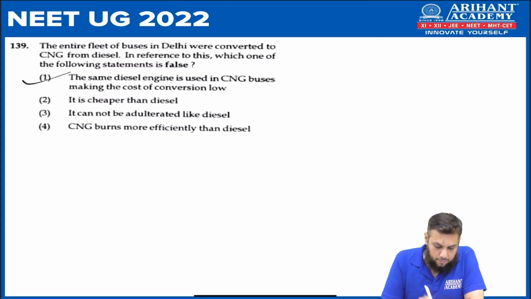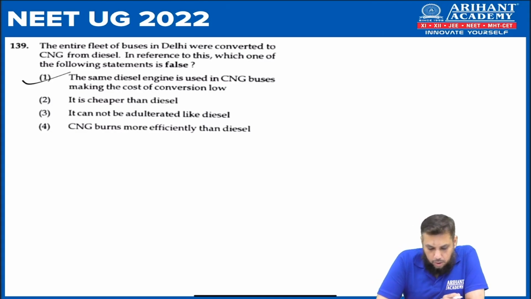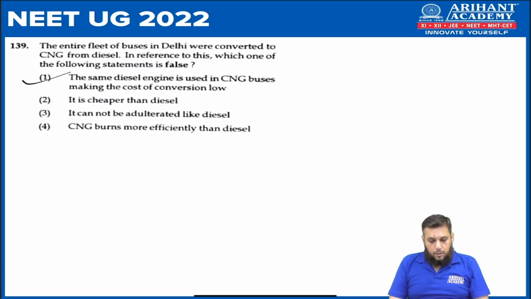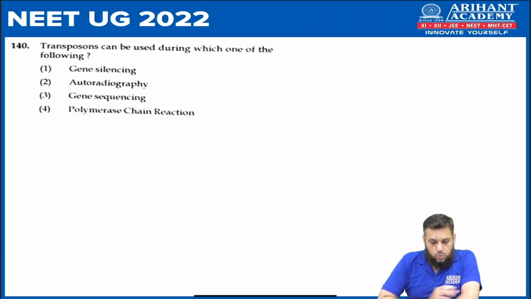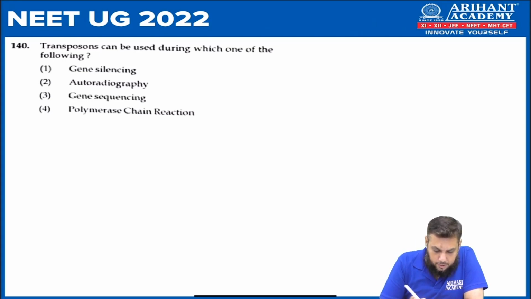So the answer to 139 will be 1. This will be from the ecology section, the last chapter in that. 140. Transposons can be used during which one of the following? The answer will be 1. It's a direct line from the NCERT text.